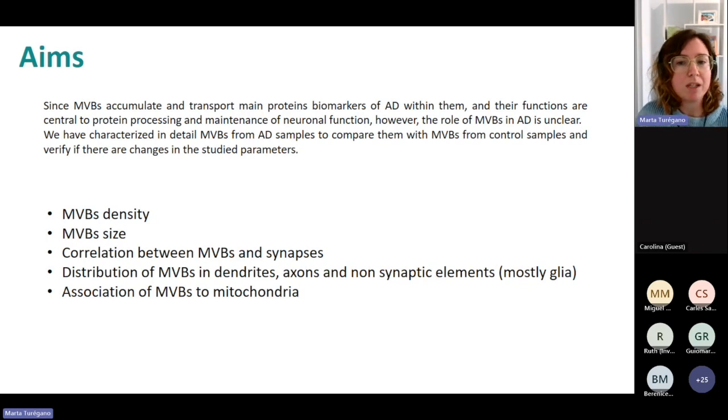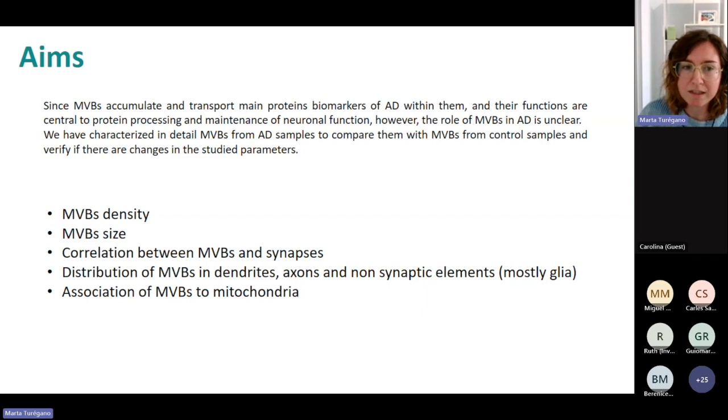The parameters that we consider important are the MVB density, their size, the correlation between multivesicular bodies and synapses, because the multivesicular bodies are supporting the synaptic function, the distribution of multivesicular bodies in dendrites, axons, and non-synaptic elements, mostly glia, and the association of multivesicular bodies to mitochondria.